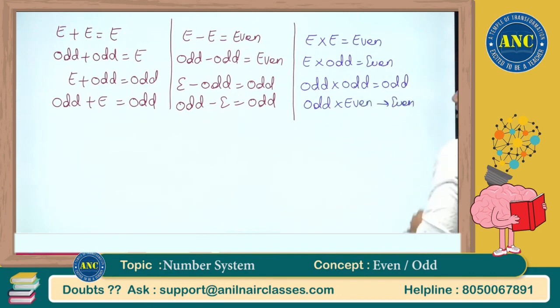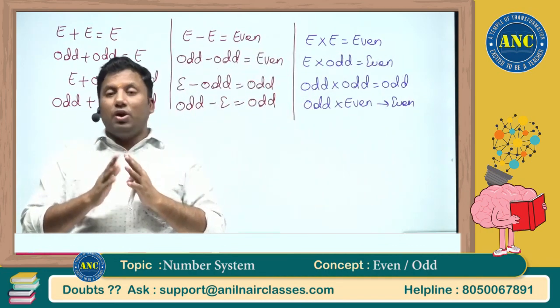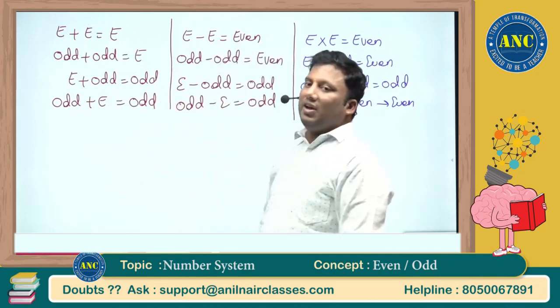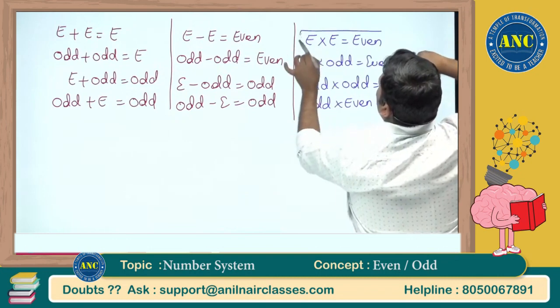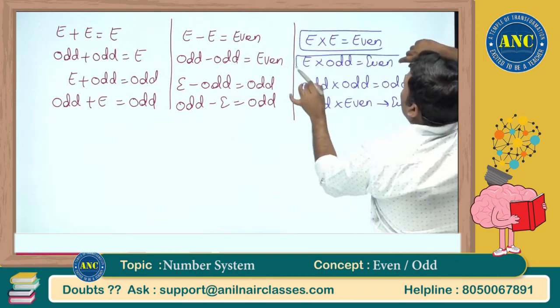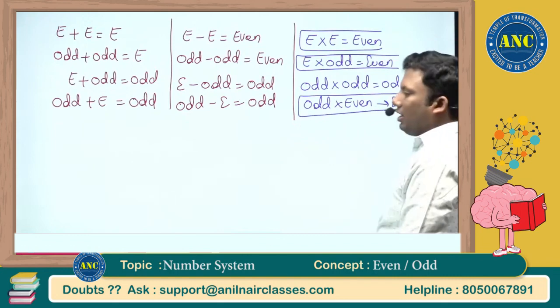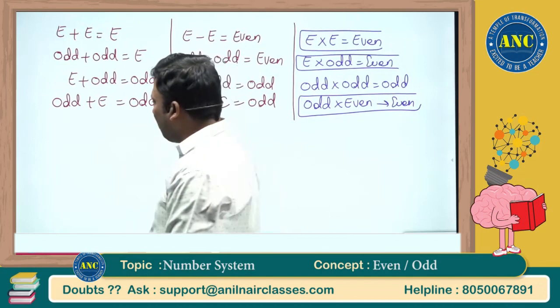These are the three important mathematical operations every student should know. Once you know it, the concept becomes very, very easy for you. Even into any number, the answer will be even.